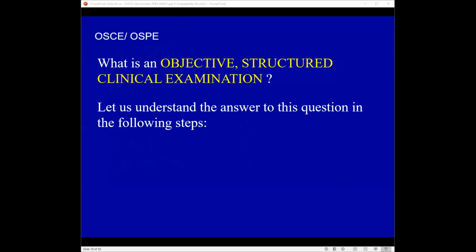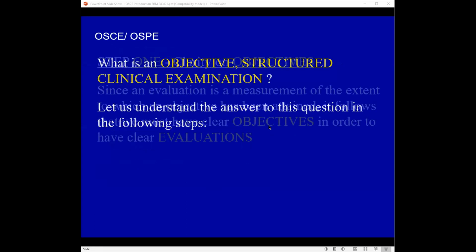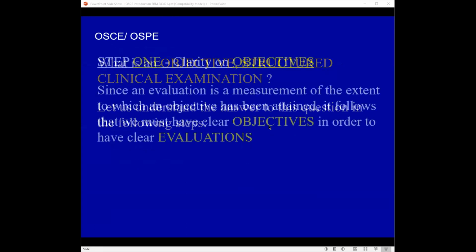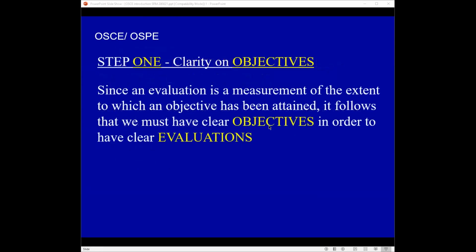So for us to understand the answer to this question, let's go over it in steps. The first step is the focus again on objective. Now, evaluation, we have said, is measurement of the extent to which an objective has been attained. Therefore, obviously, we must have a very clear objective if we want to have a clear evaluation.